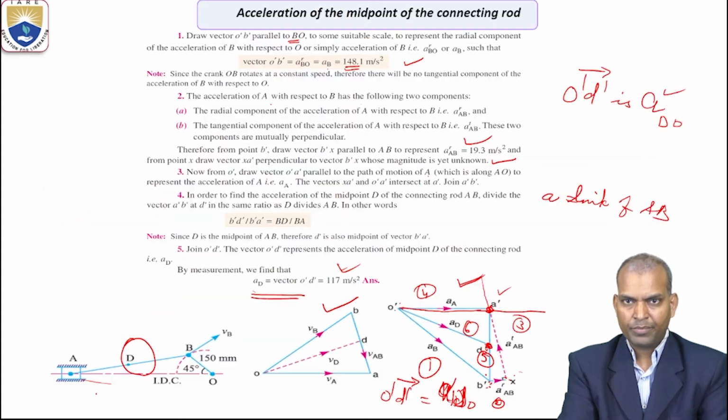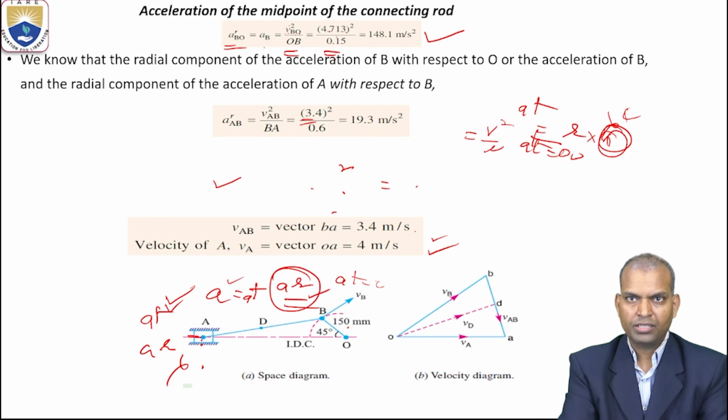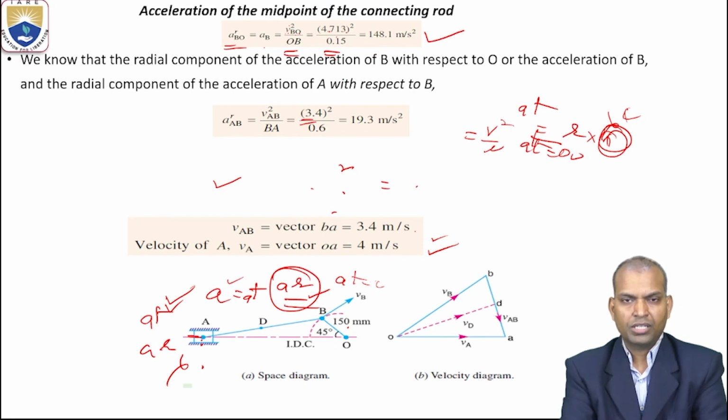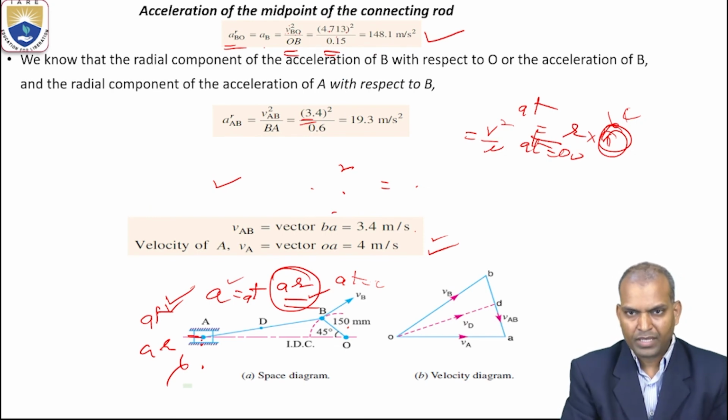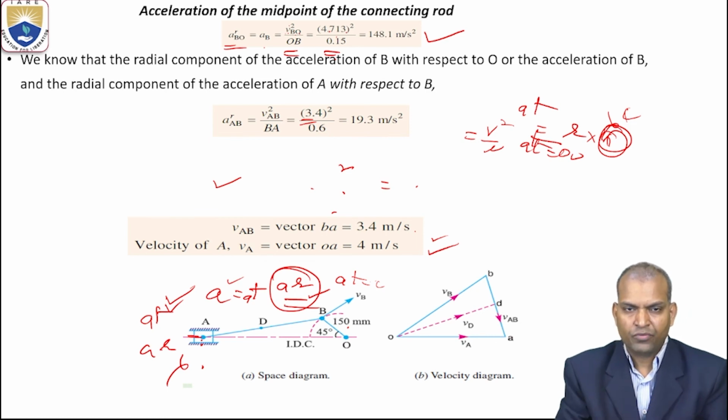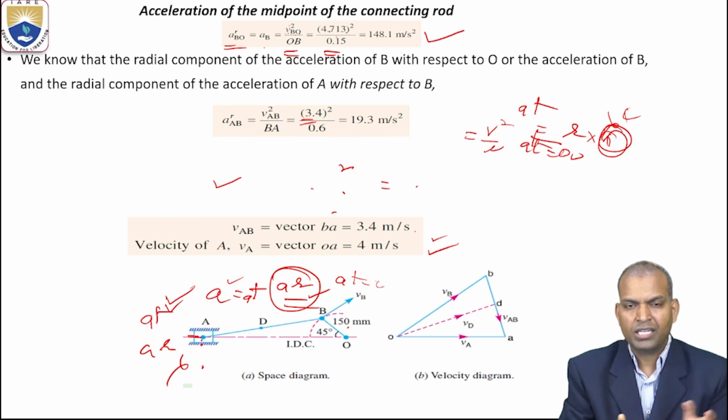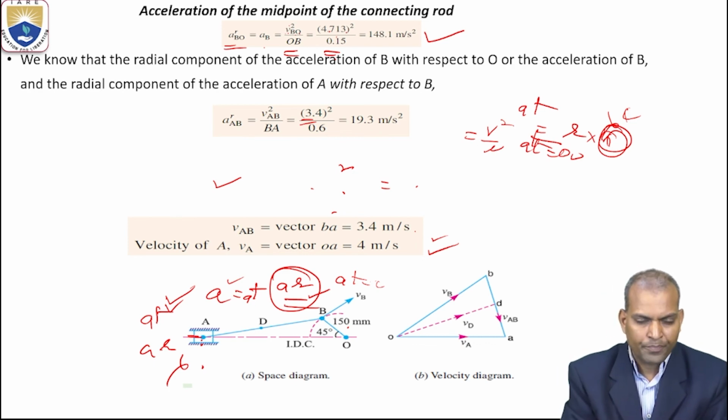Okay, let me summarize what you have studied in this session. We have studied rubbing velocity of various links, and when two links move in opposite directions, what is the rubbing velocity formula, and in the same direction, what is the rubbing velocity formula, and how to draw the velocity diagram, what is the velocity of the link, and how to draw the acceleration diagram of a link.